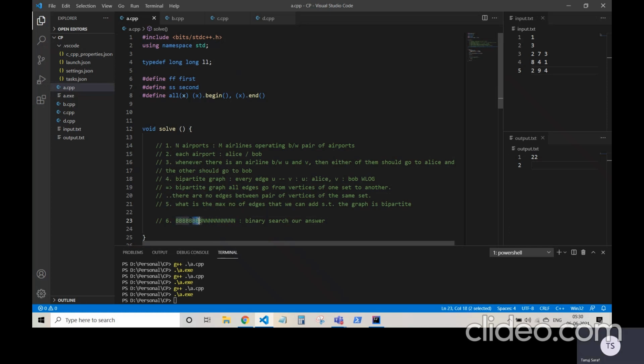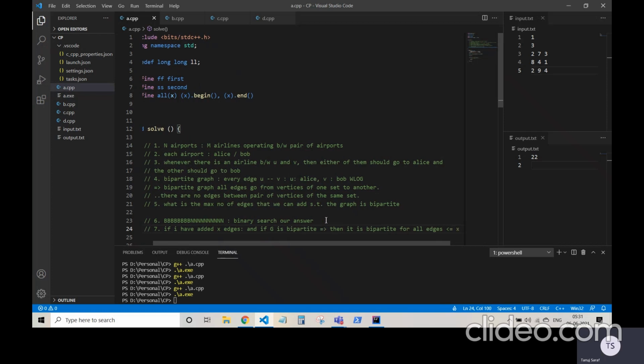So let's prove why binary search would work over here. If I have added x edges, and the graph, denoted in shorthand by G, is still bipartite, then it is bipartite for all edge counts less than or equal to x.